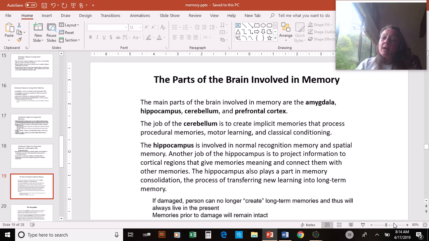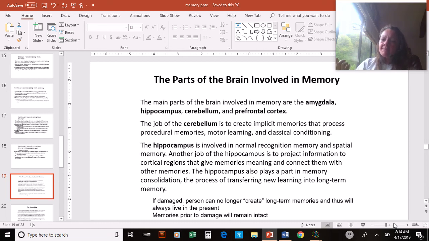And it also helps with associating and connecting to other memories. It helps with memory consolidation and transforming those new memories into long-term memories.